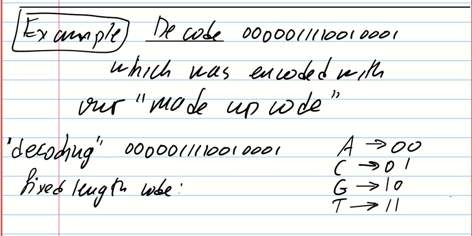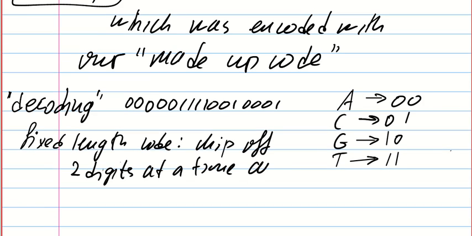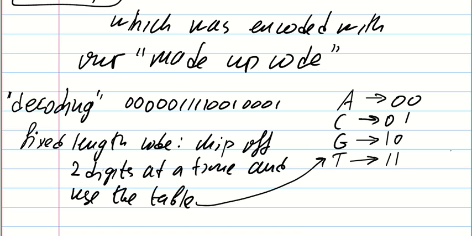With decoding, we're going to chip off 2 digits at a time, and use the table. So let's try to do that.